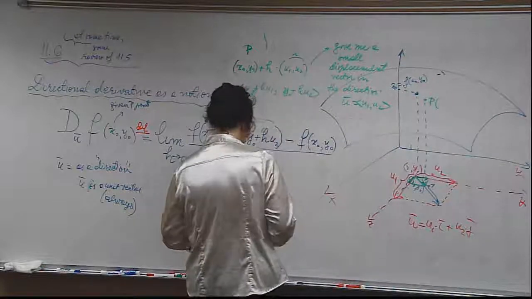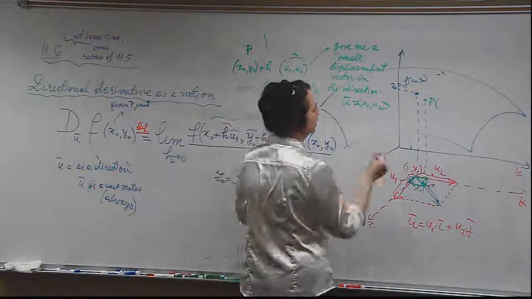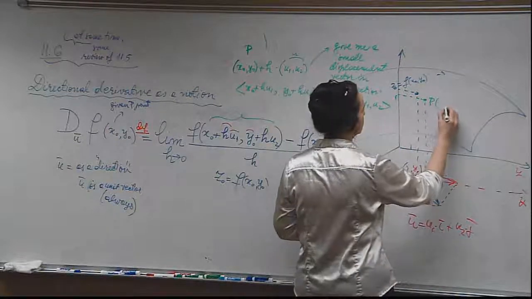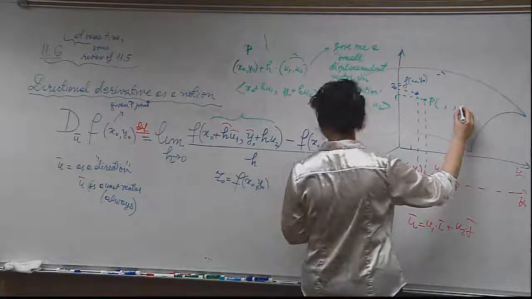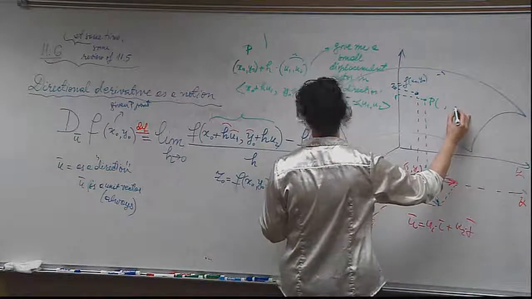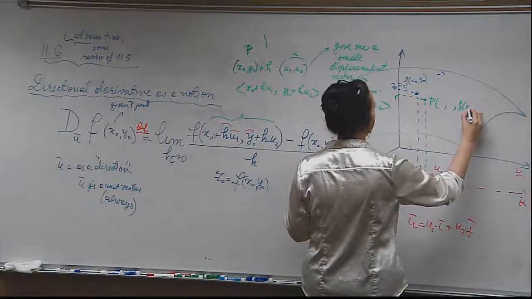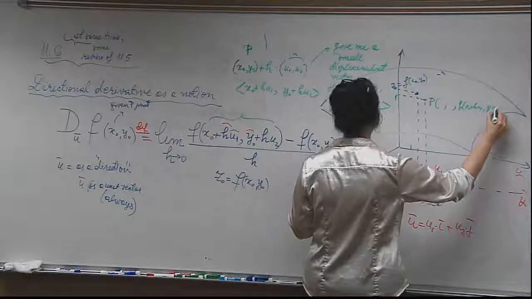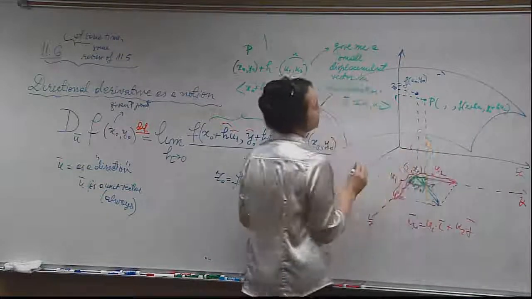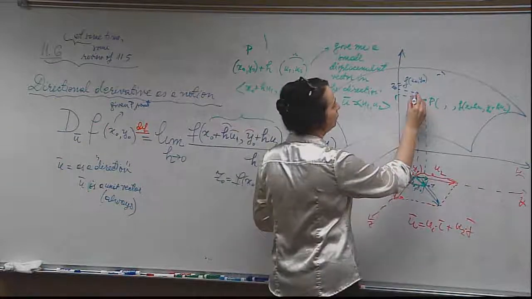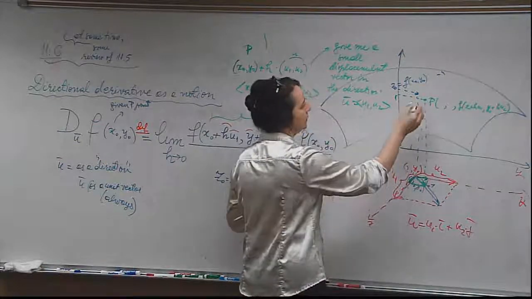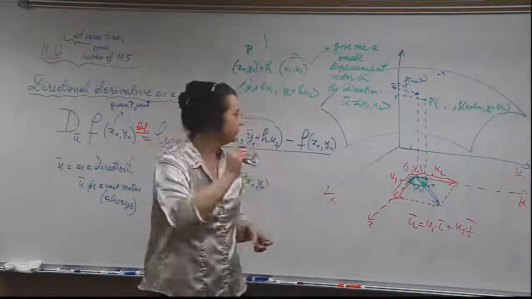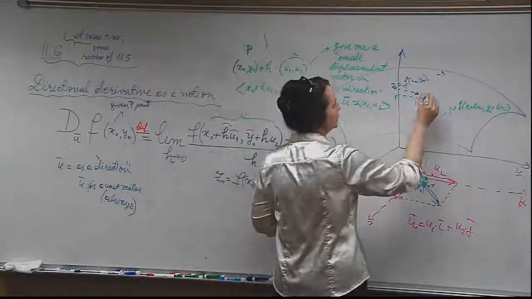And the altitude of the green point will be f of x0 plus h u1, y0 plus h u2. And I measure how far away the altitudes are. They are very close, the blue altitude and the green altitude; there is a displacement.